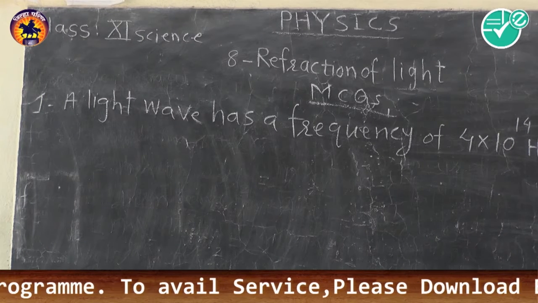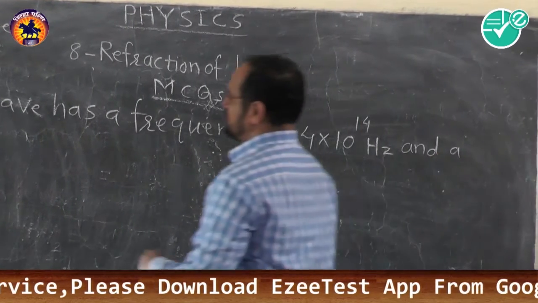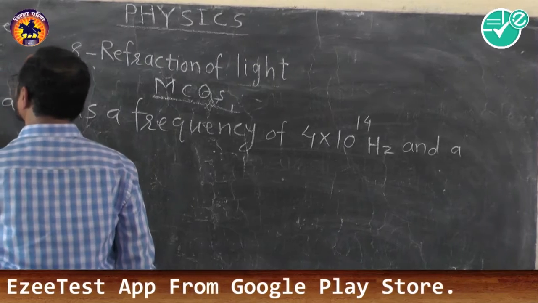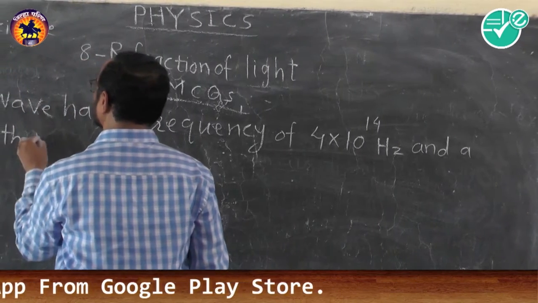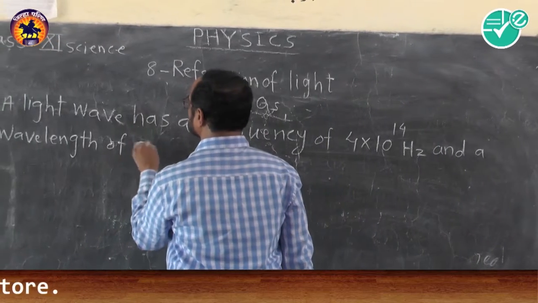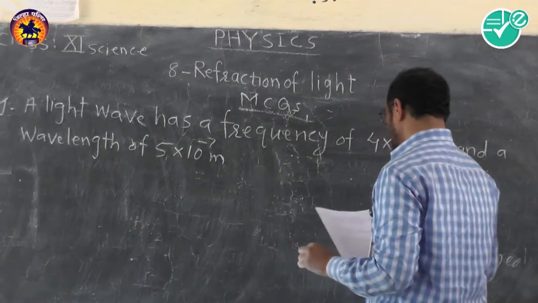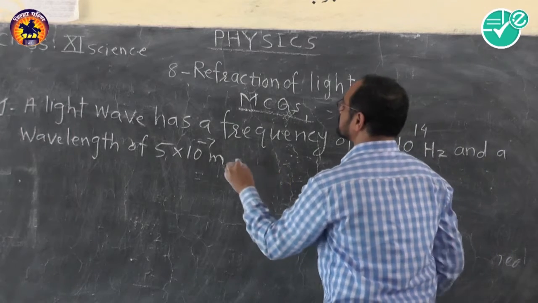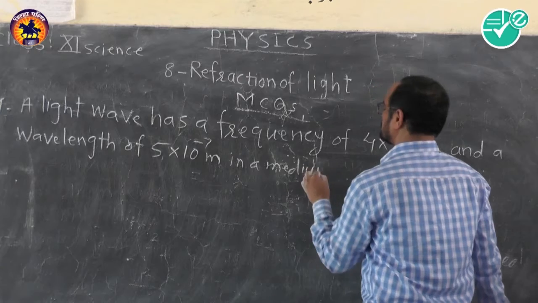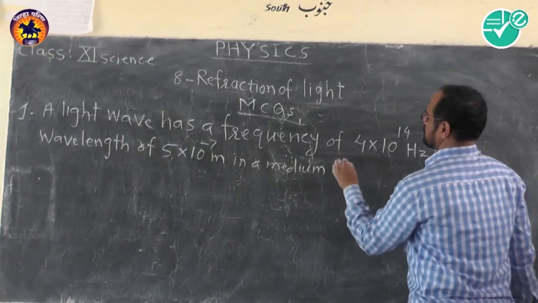and a wavelength of 5 into 10 to the power minus 7 meter in a medium. The refractive index of the medium is?